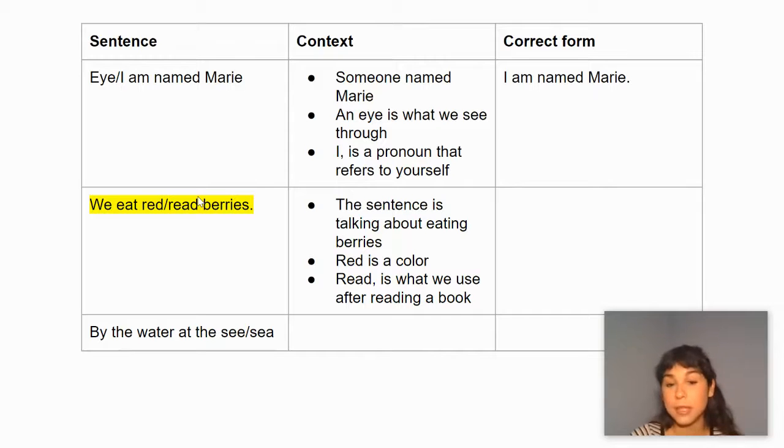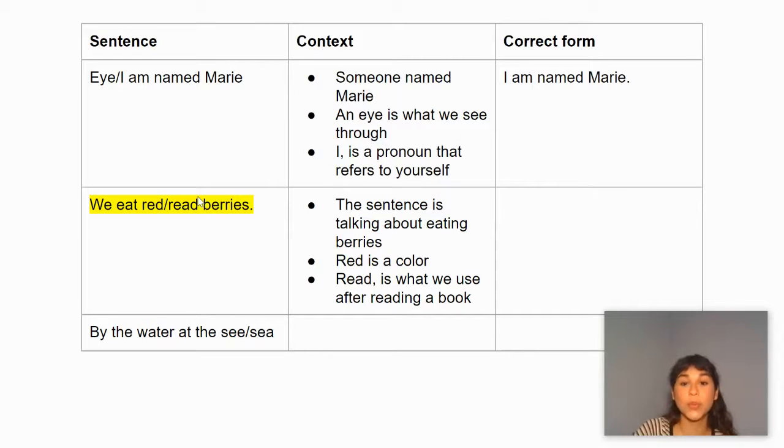Okay, and the word spelled READ, red, is the past tense of read. So when you read a book, after you read it, you have read the book. So, knowing our context, what is the correct homophone that we can use to make the sentence make sense?